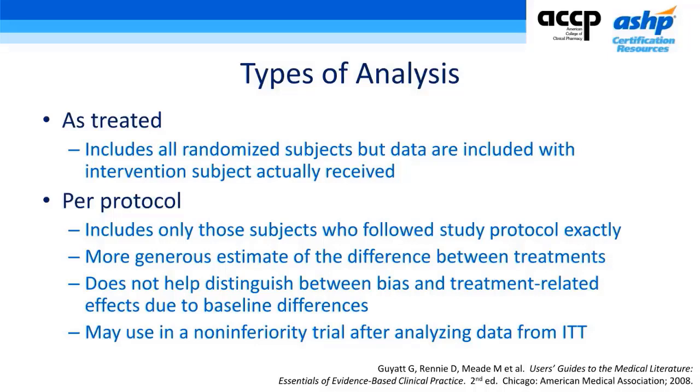Additionally, it is a more generous estimate of the difference between the treatment groups, and this type of analysis could be used in a non-inferiority trial after analyzing data from the intention to treat analysis. However, that would hopefully be explicitly described in the methods section of the manuscript.